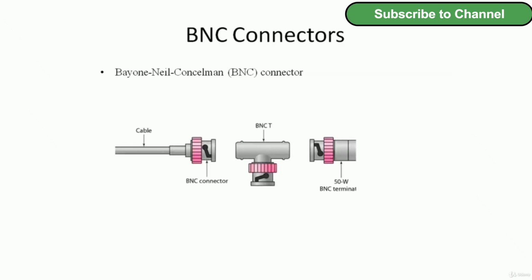You can see this picture of the BNC connector. This is the BNC connector, this one is the cable. This is the BNC T type, and this is the 50 ohm BNC terminator, and this one is the ground wire. So these are the connectors used in the coaxial cable.